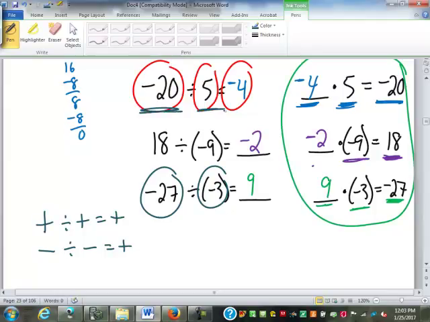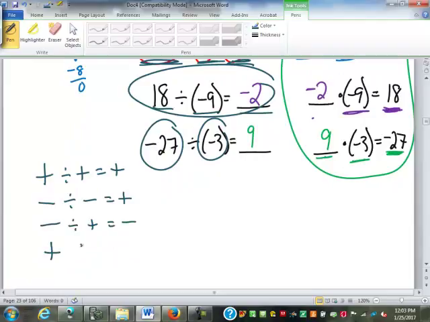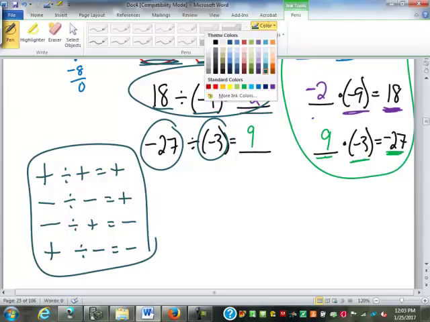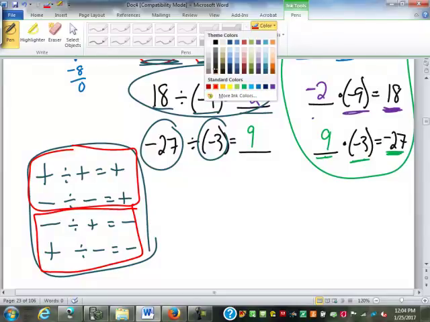A negative divided by a positive gives us a negative, and a positive divided by a negative gives us a negative. So, again, if we're working with two numbers that are the same sign when we multiply or divide, we're going to get a positive result. If they're different signs, we get a negative result.